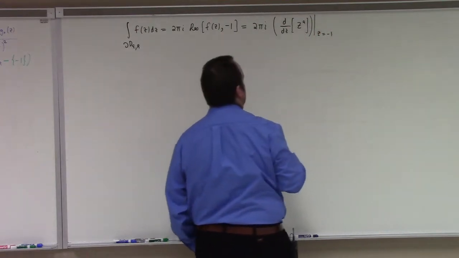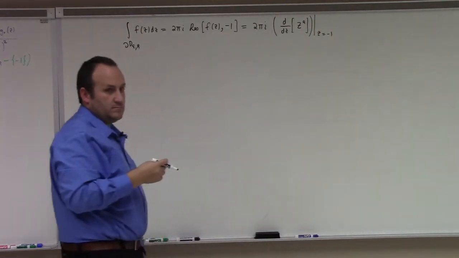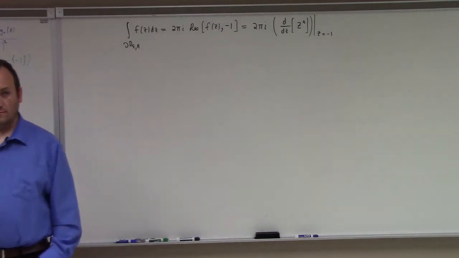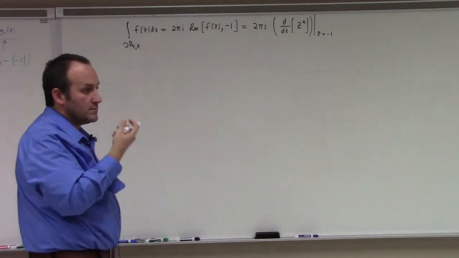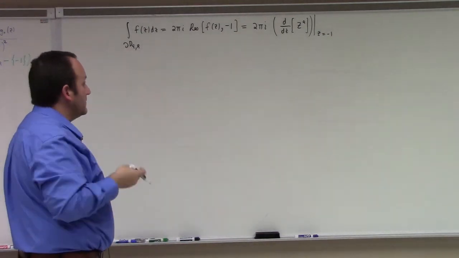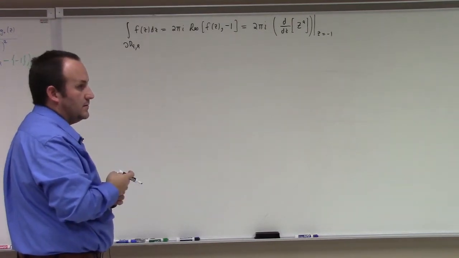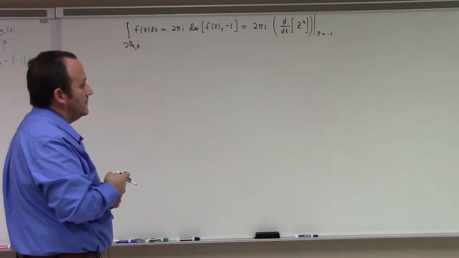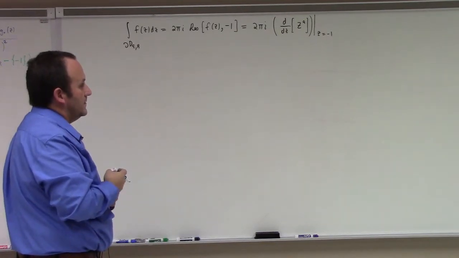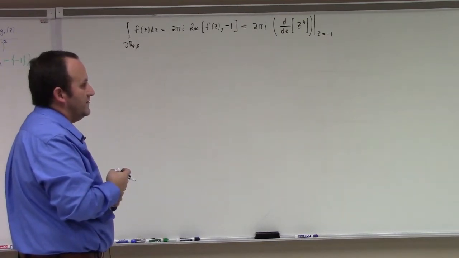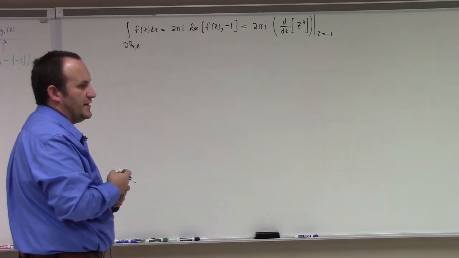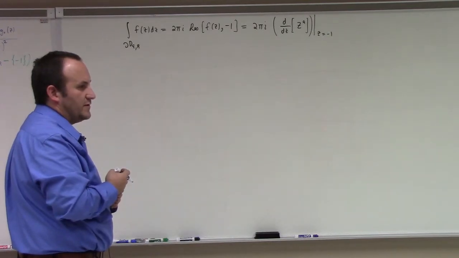No? Yes? I guess technically you're supposed to have the limit up front, but I don't think it really matters because you're just going to end up plugging in z equals minus 1 anyway. So. Yeah, I think, but we derived something at the start of, maybe it was Monday, on the basis of the Cauchy integral formula.